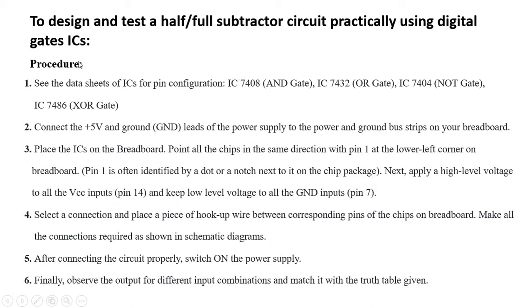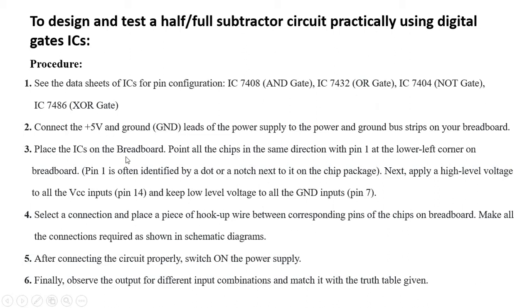Now coming to the procedure, you have to know the pin configuration of each IC. So you can see the data sheets of ICs for pin configuration. Then you have to connect plus 5 volt and ground leads of the power supply to power and ground bus strips on the breadboard, which are the horizontal holes which are shorted, present at the top and bottom of the breadboard.